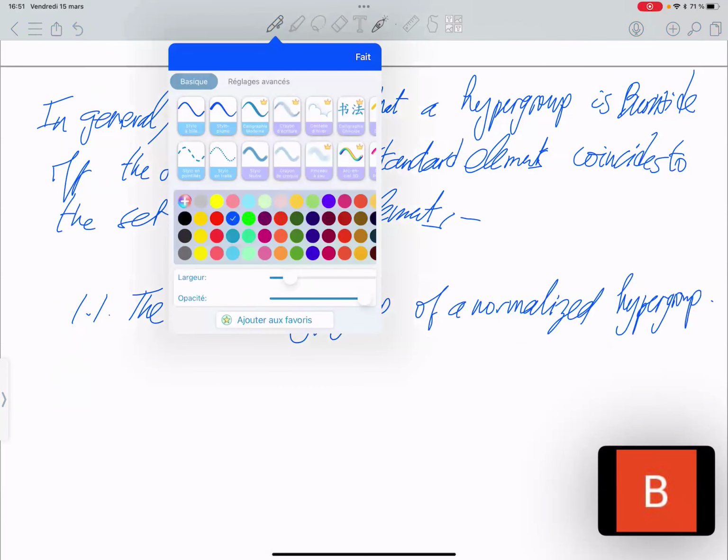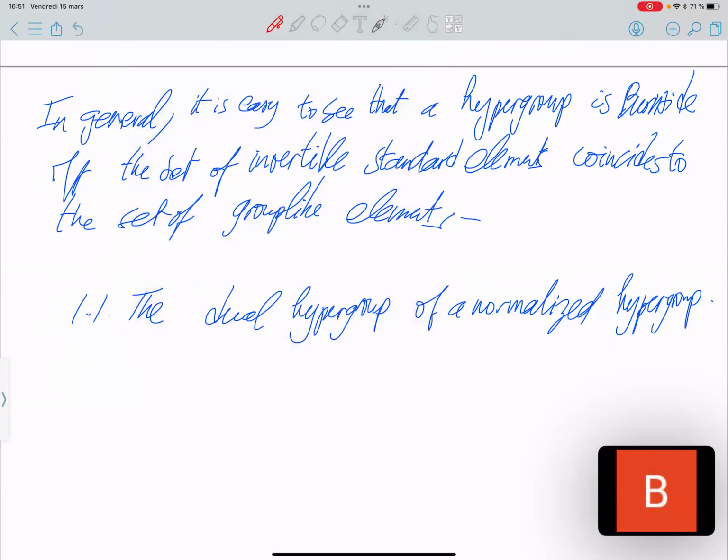So I mentioned the notion of normalizable, but I did not explain what is normalized. In fact, a normalized hypergroup is a hypergroup which is renormalized in such a way that it is normalized to normalized weight. Okay, no, sorry. Normalized is okay. And later we will see the notion of normalizable. But it's not the point here. So normalized.